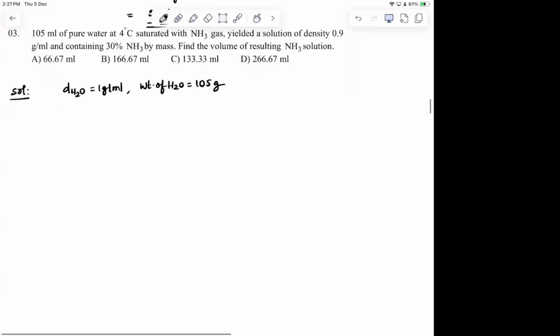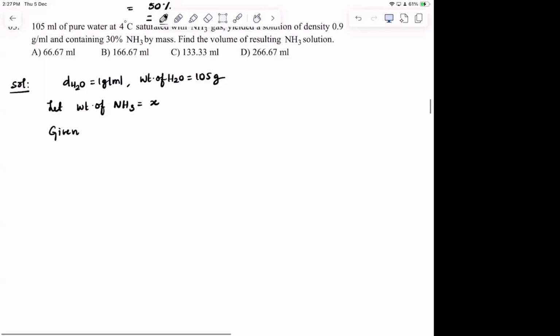If weight is this much, let us assume the weight of ammonia be equal to X. Clear? So now the given percentage will be equal to X divided by X plus 105.